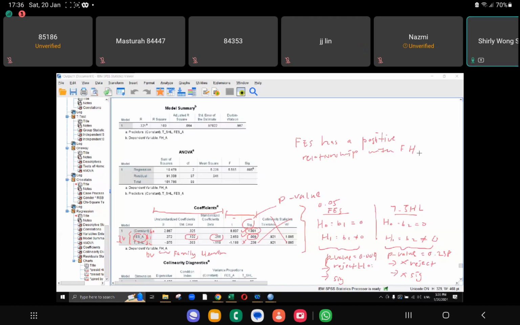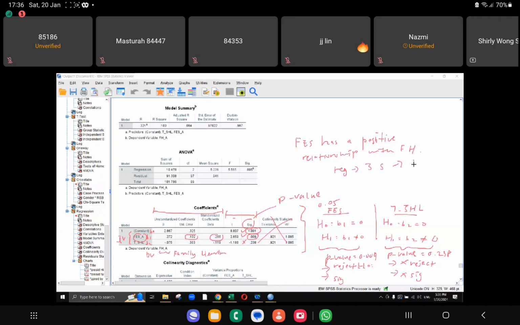So remember, in regression, think about the 3S. First thing, check whether the variable is significant or not.